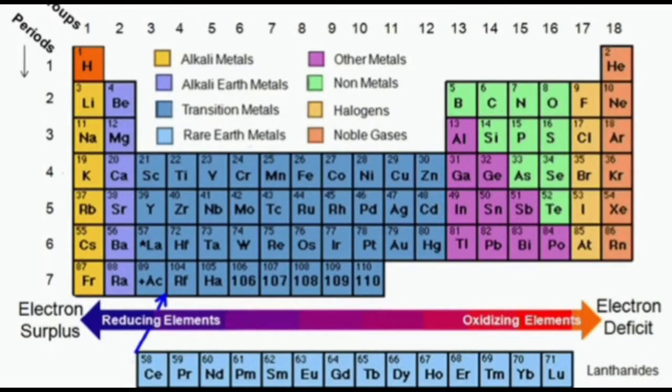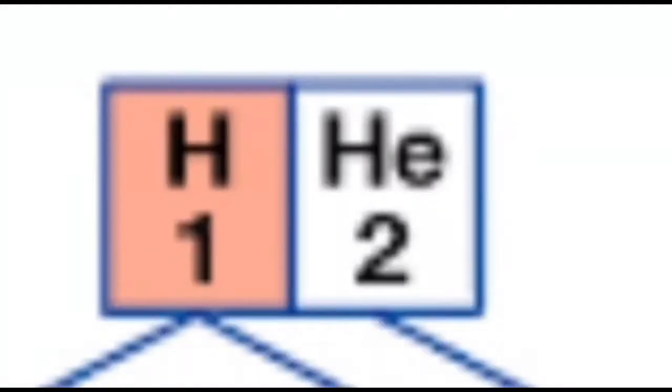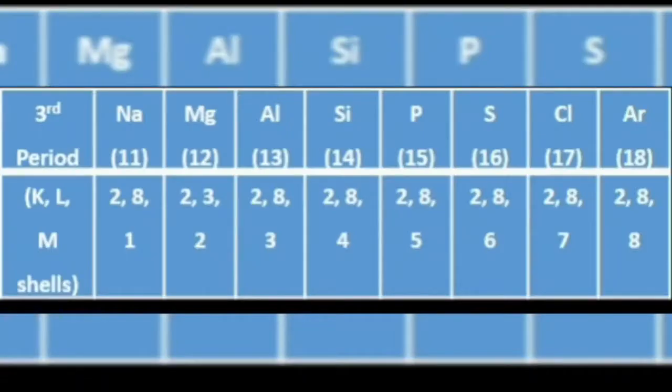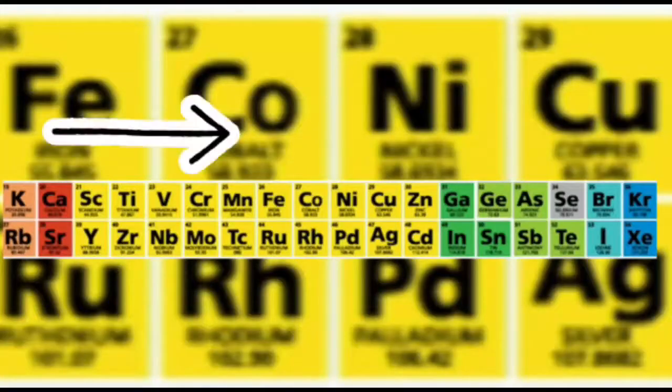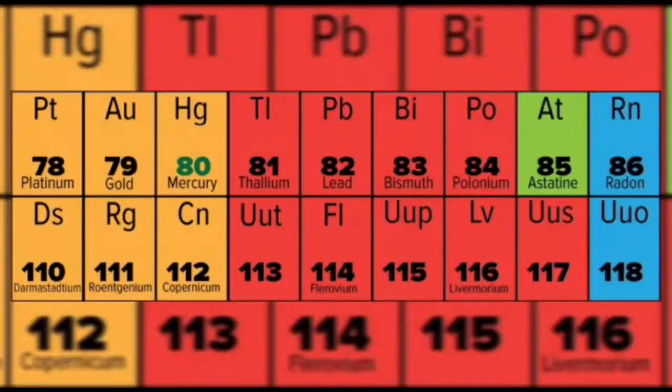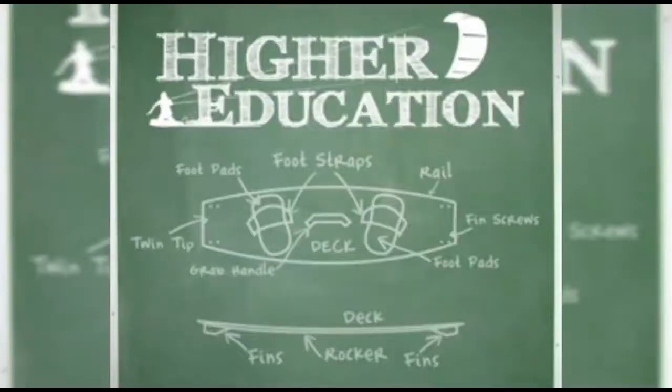Look, the first period contains 2 elements. Second period contains 8 elements. Third period contains 8 elements. Fourth period contains 18 elements. Fifth period, 18 elements. Sixth period, 32 elements. And the seventh period contains 32 elements. The reason for this you will learn in your higher classes.